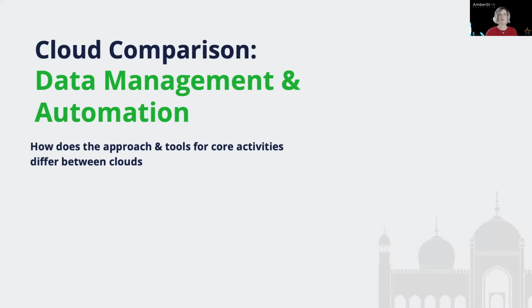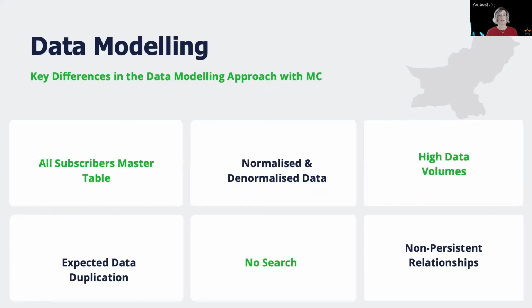So let's step into a bit more detail about data management and automation. So in terms of data modeling, again, I've picked out 6 areas here, specifically around Marketing Cloud, to be aware of. So unique to Marketing Cloud is the All Subscribers table. Now this is predominantly around email.